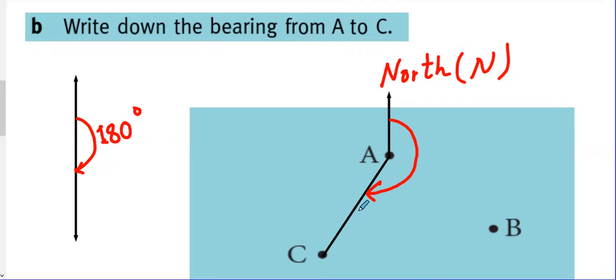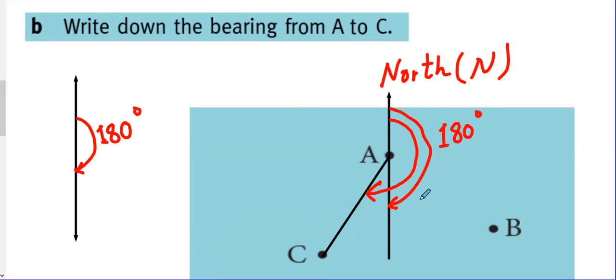So what I'm going to do is extend this line a little bit down so that you can take advantage. That from this point to that point is equivalent to 180 degrees.